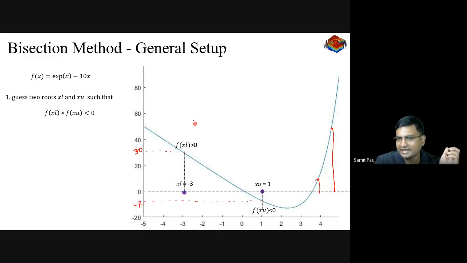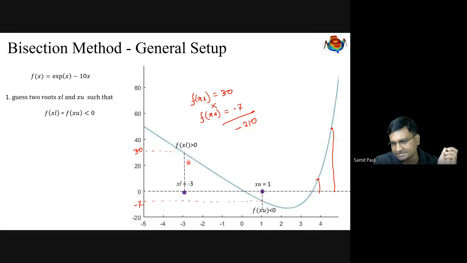So f of XL is 30 and f of XU is -7. And what is the product of them? Minus 210. And since one is positive and the other is negative, the graph must have crossed the zero line.